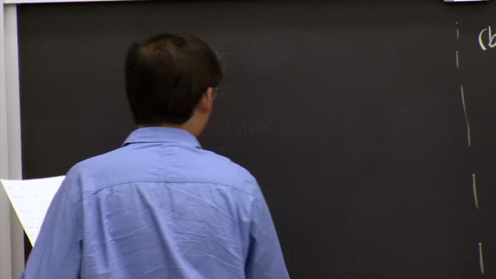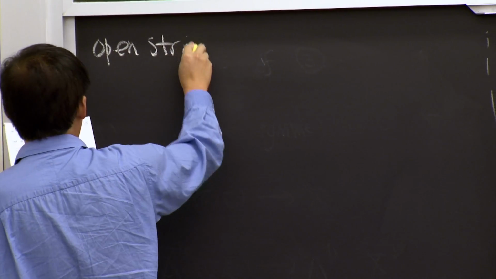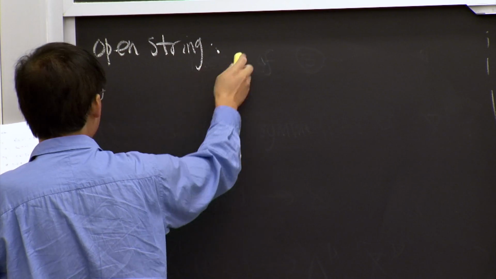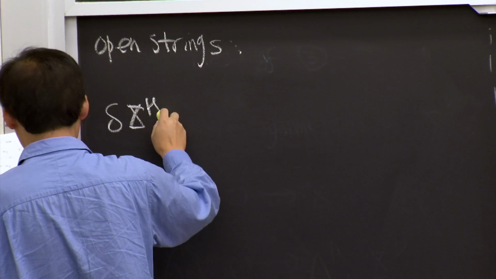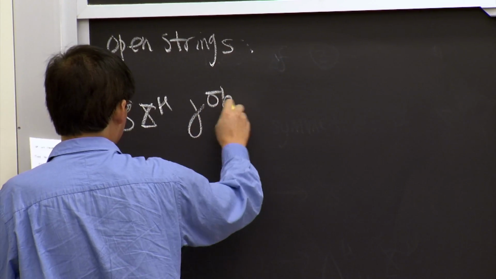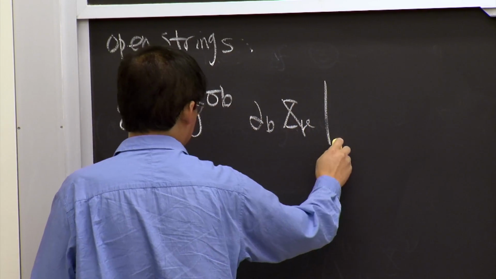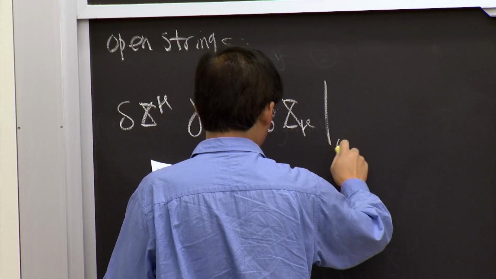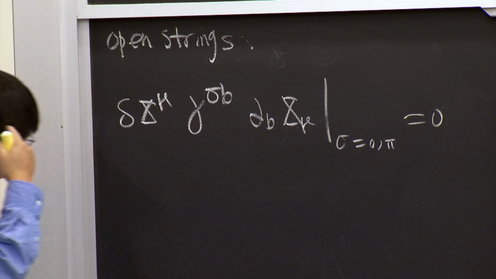For the open string, you will get the boundary term given by theta mu, gamma sigma B, partial B x mu, evaluated at sigma equal to 0 and pi.